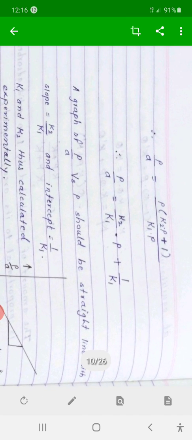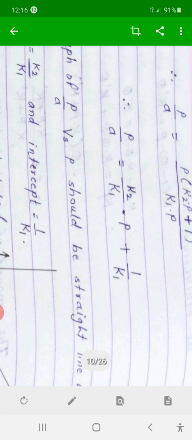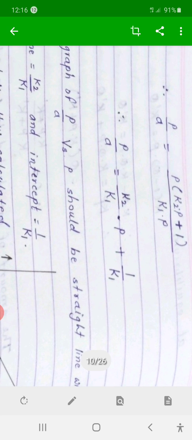Then taking reciprocals and rearranging, P upon A is equal to K2 upon K1 into P plus 1 upon K1.